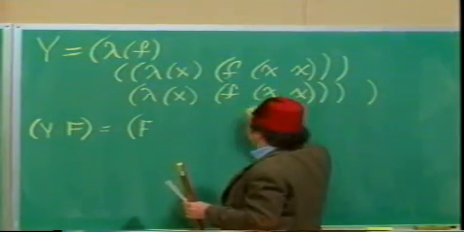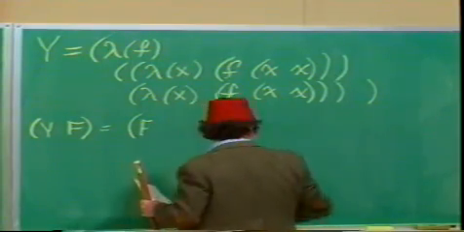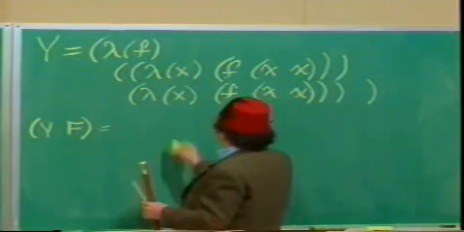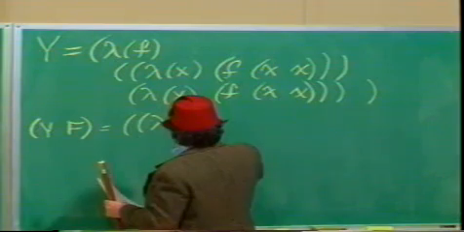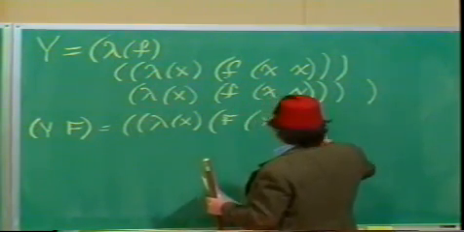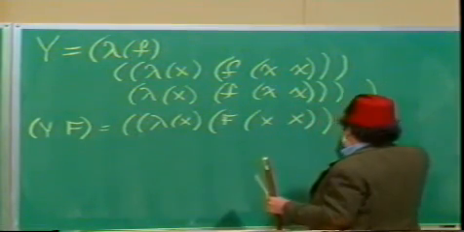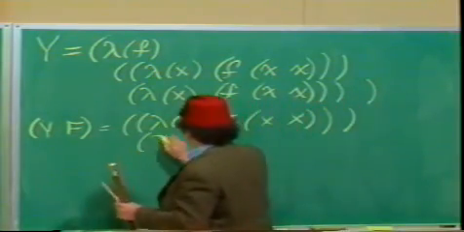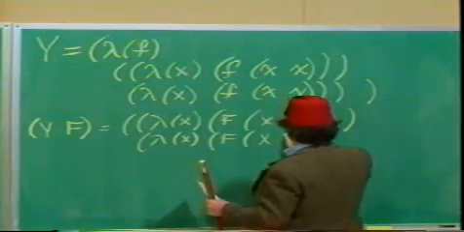So that's f of... let me actually do it in steps so you can see it completely. I'm going to be very careful. This is open, lambda of x, capital F, x of x, applied to itself. F of x of x.